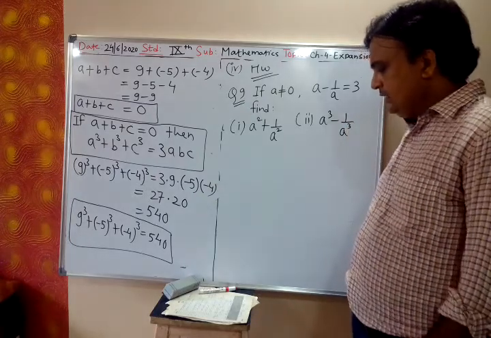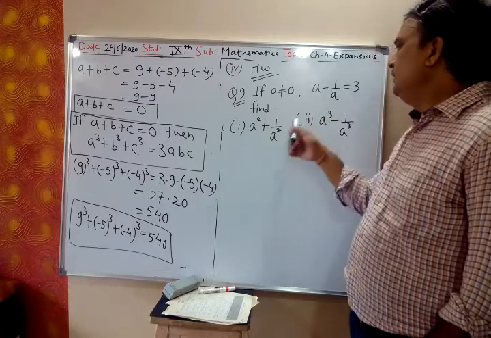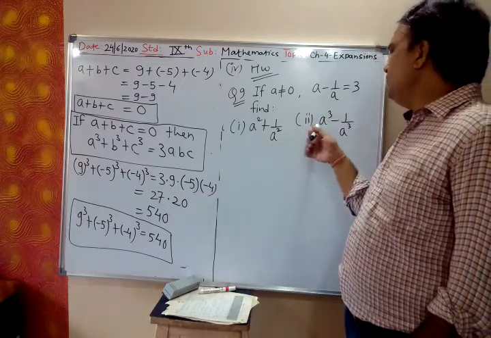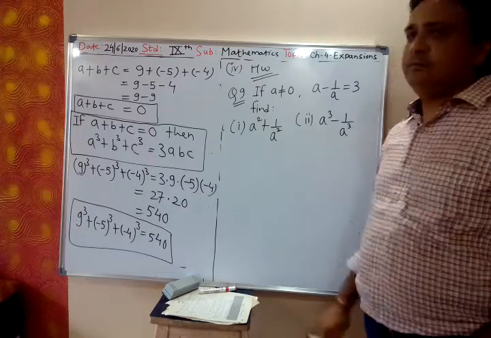A minus 1 upon A is 3. Then find A square plus 1 upon A square, A cube minus 1 upon A cube.